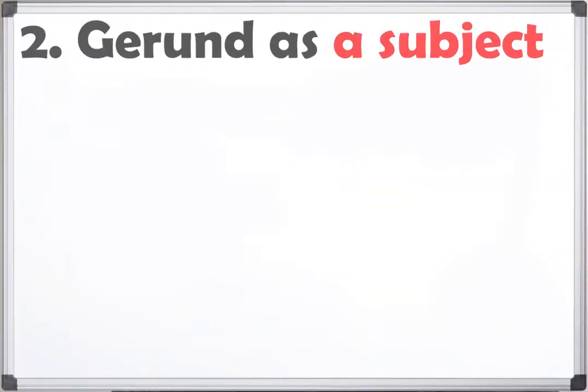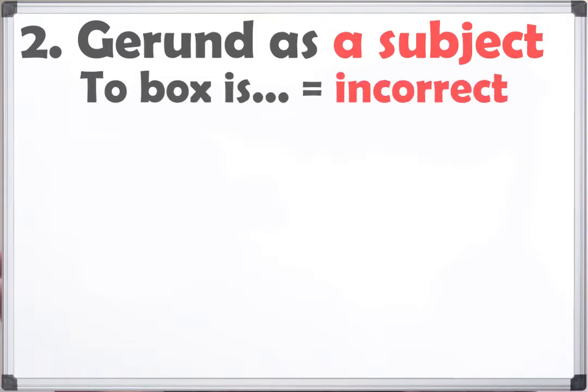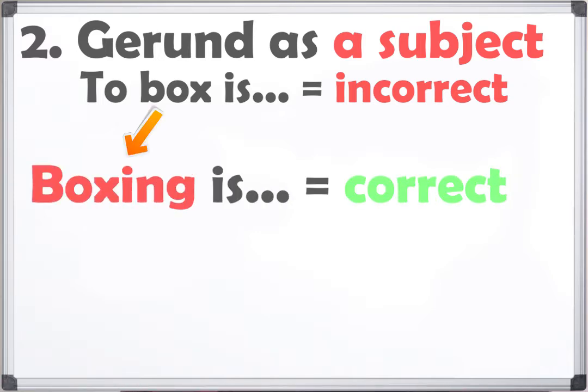One of the main functions of a gerund is that it acts as a subject or an object in the sentence, right? So we can't begin a statement or a sentence with a verb. I can't say, "Ski is a very dangerous sport." What do we do? We take that verb, we add ing to the end of it, and now it's the subject of the sentence. Simple as that.